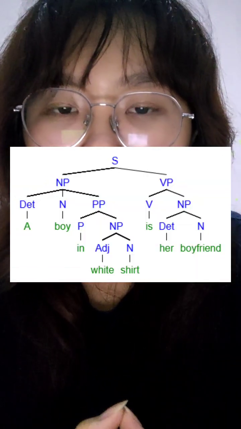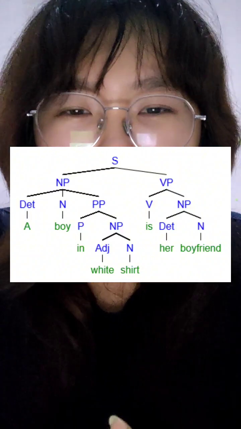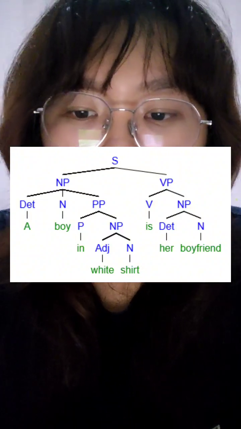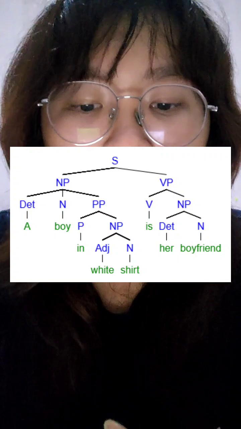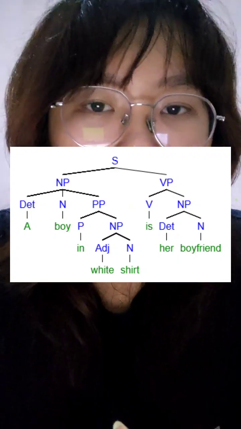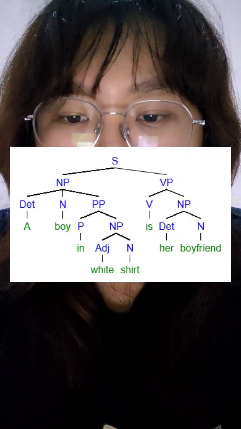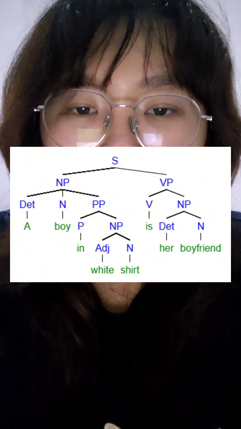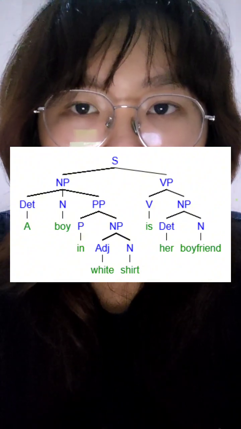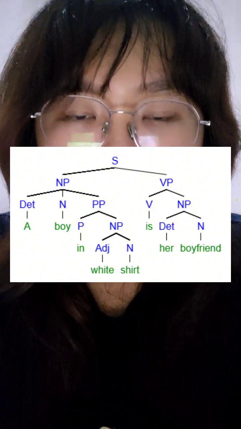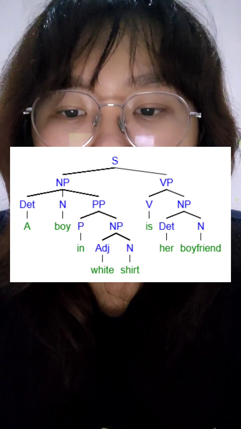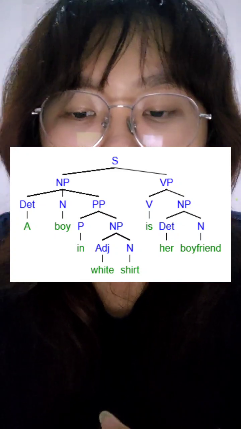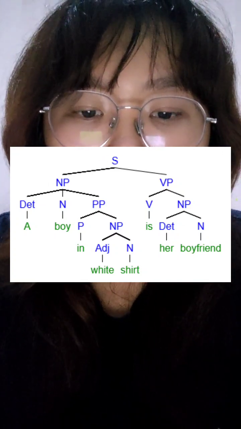We have done the simple sentences before. Now let's take a look at a bit more complicated sentence. Here, the sentence is: a boy in white shirt is her boyfriend. It seems like it is very hard to divide, but remember, divide this sentence into two constituents first. The first constituent, the noun phrase, is a boy in white shirt.